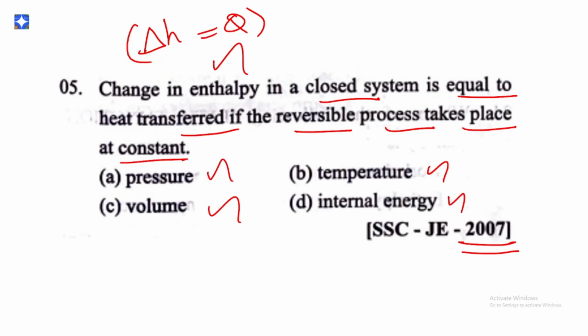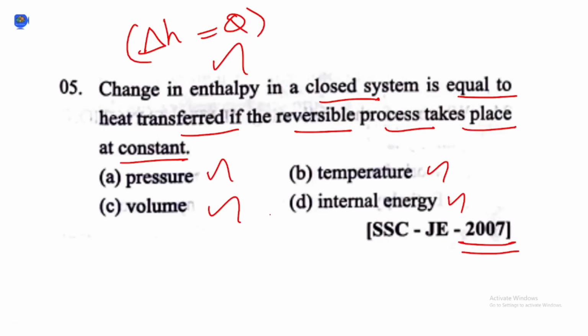Okay, so we have been given constant pressure, constant temperature, constant volume, and they have also given internal energy. They're asking about the process, so internal energy is not going to be the answer. It could be either constant pressure, constant temperature, or constant volume, right?